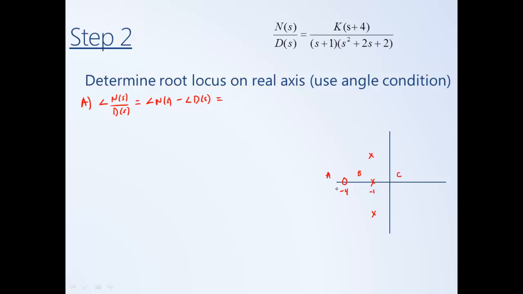So if we pick a test point out here in the A region and we draw an angle from the zero, you can see that the line drawn from the zero to a test point in region A is minus 180 degrees or positive 180 degrees. It's in that direction.